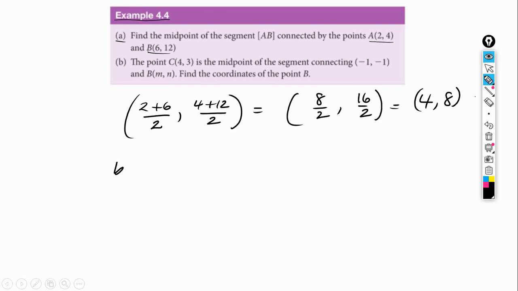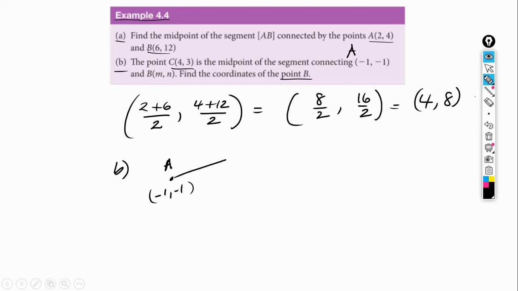Part B is a little bit more difficult. It says the point C, 4, 3, is the midpoint of the segment connecting, let's call this A here, A, -1, -1, and B, M, N. Find the coordinates of point B. So notice that here the situation is a little bit different because they're giving us the coordinates of A. Let's say point A is here, and it's -1, -1.